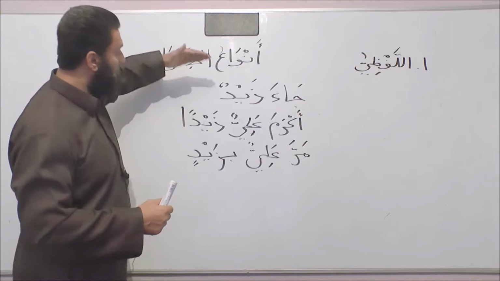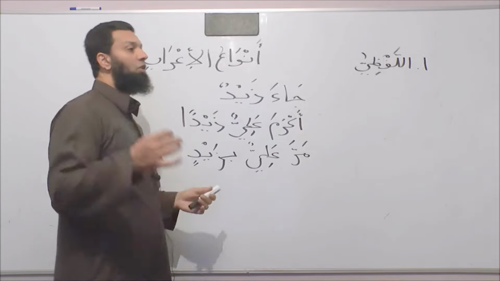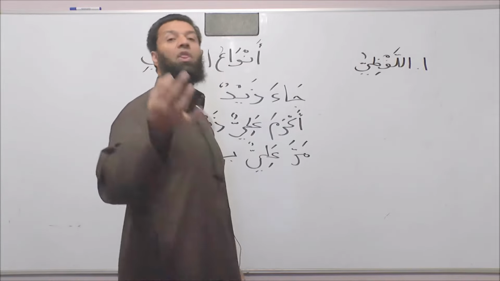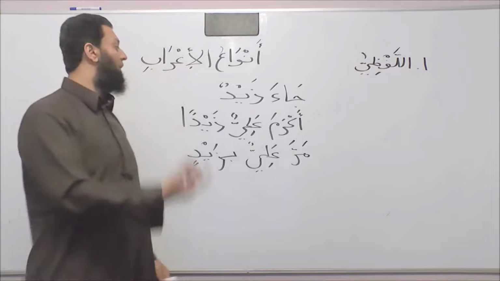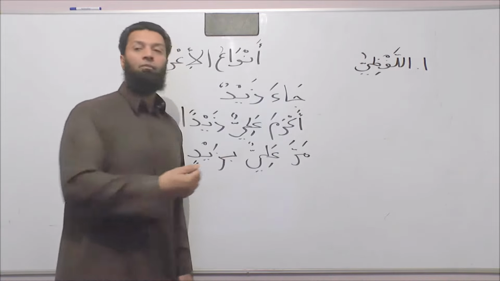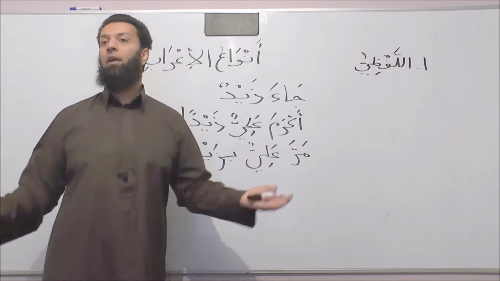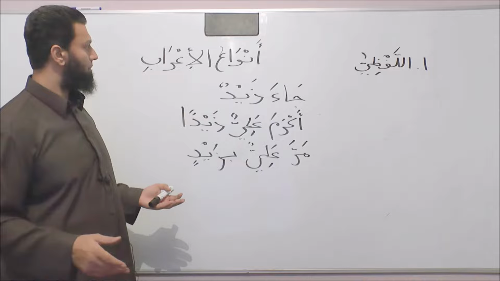So this type or naw'un min al-i'rabi is called al-lafzi al-dhahiri. It's a lafzi, so it's pronounced and it's read and it's dhahiri, it's apparent, manifest.